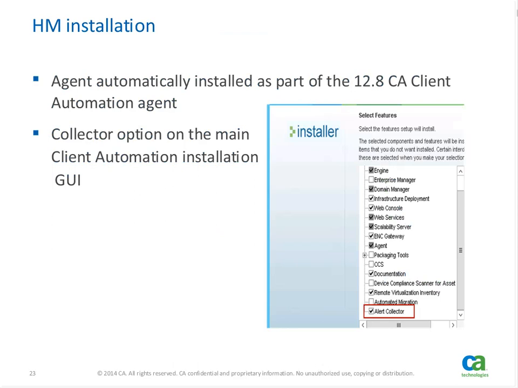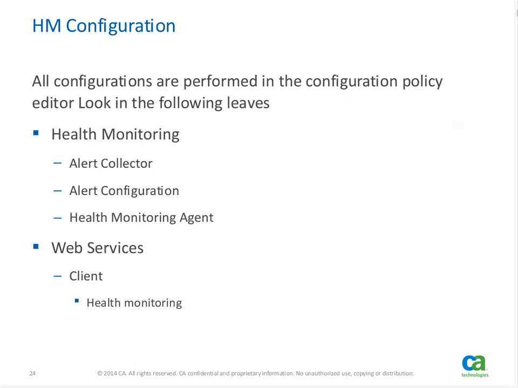It's basically installed as shown here. It's an extra line item on the installation wizard. So you would basically select alert collector and install the collector. The main leaves that you want to look at for configuration policy when you're looking at health monitoring would be the asset collector agent or the asset collector leaf.